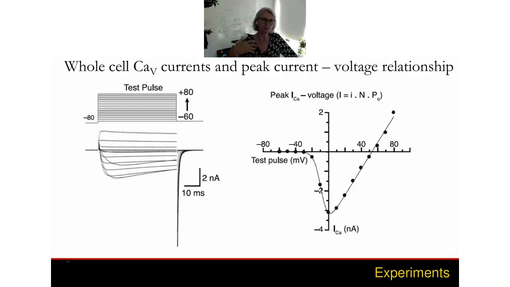So I mentioned our focus on voltage-gated ion channels, and these happen to be voltage-gated calcium currents, as I said, measured in my lab through manual whole-cell patch recording. These are cloned calcium channel currents expressed in a human embryonic kidney cell line. But this is a standard test protocol going from -60 to +80 millivolts.